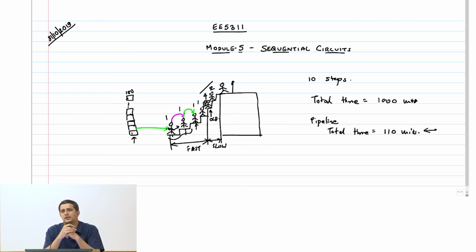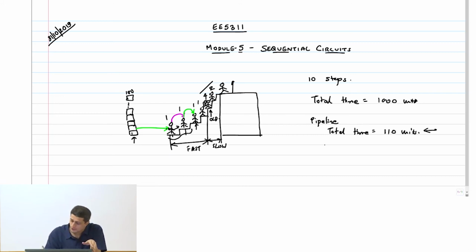The slowest path is basically this 4 plus 2, 6 units of time. Of course, now because I have put pedestals in there, I am going to have a further loss in time, the time that I can send it. So let's say there is a half unit delay because of placing a pedestal or a sequential element.